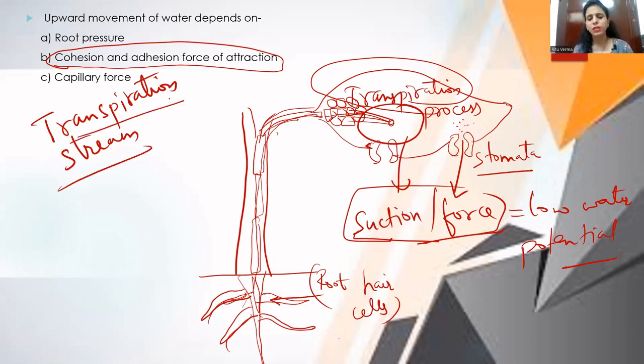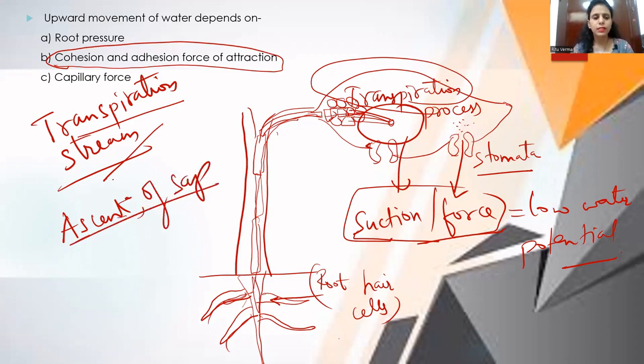So transpiration stream is actually the continuous movement of water due to the transpiration pull created by low water potential in the leaves because of the process of transpiration. This transpiration stream can also be called ascent of sap.